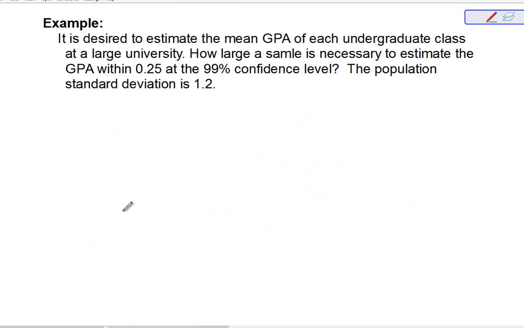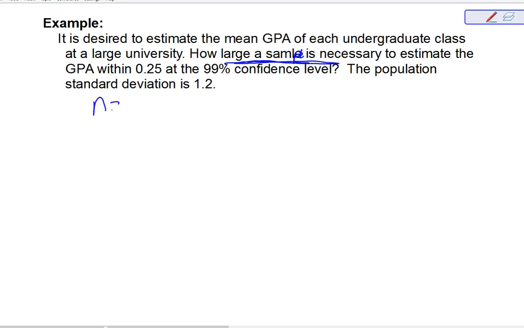It is desired to estimate the mean GPA of each undergraduate class at a large university. How large of a sample is necessary to estimate the GPA within 0.25 at a 99% confidence level? Population standard deviation is 1.2. Okay, so how large of a sample?